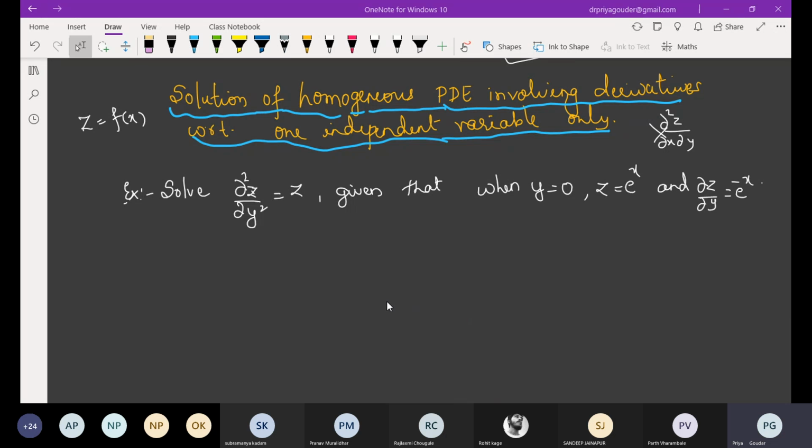Yeah, Mr. Rohit, just unmute and speak. Tell me, if z is a function of x, can we get the partial derivatives or direct derivatives? Mr. Rohit Kage, are you there or no? Sandeep? Yeah, Soumya?